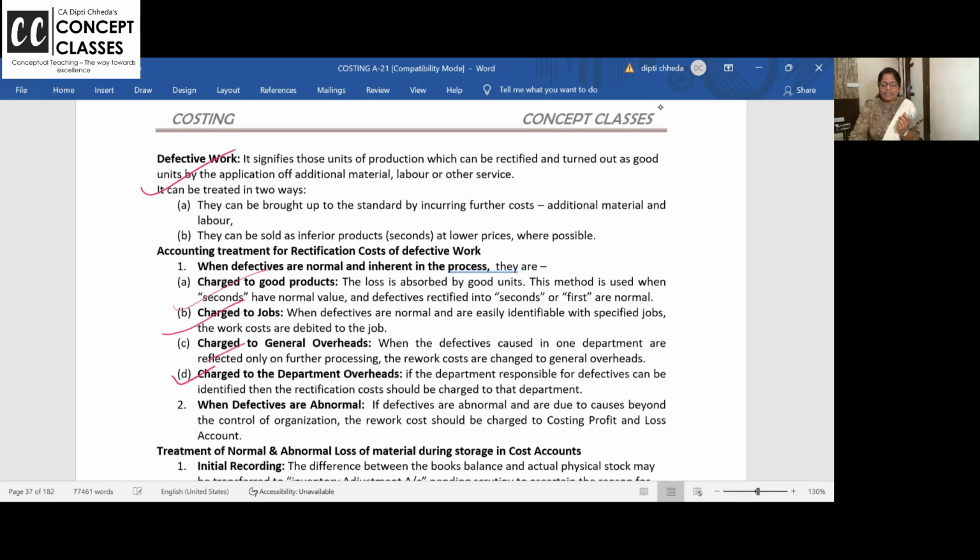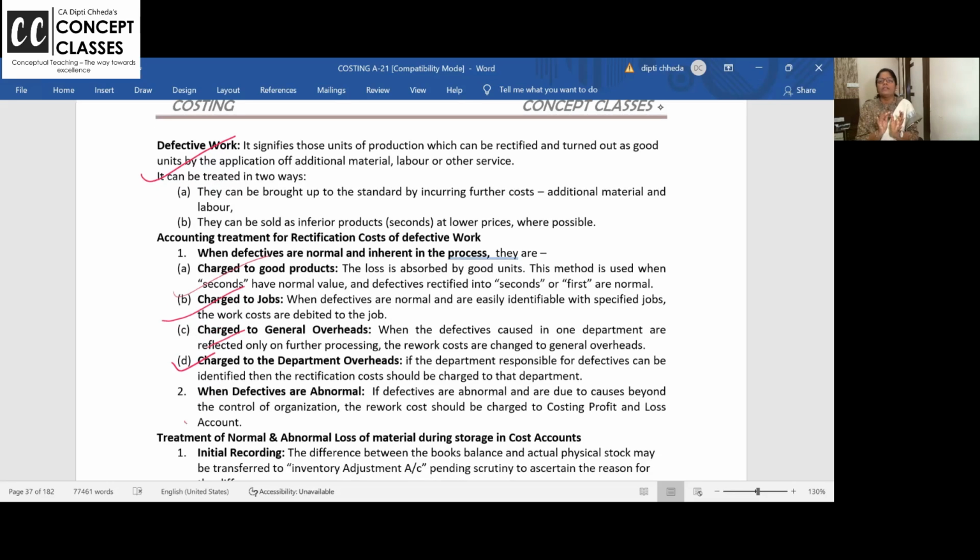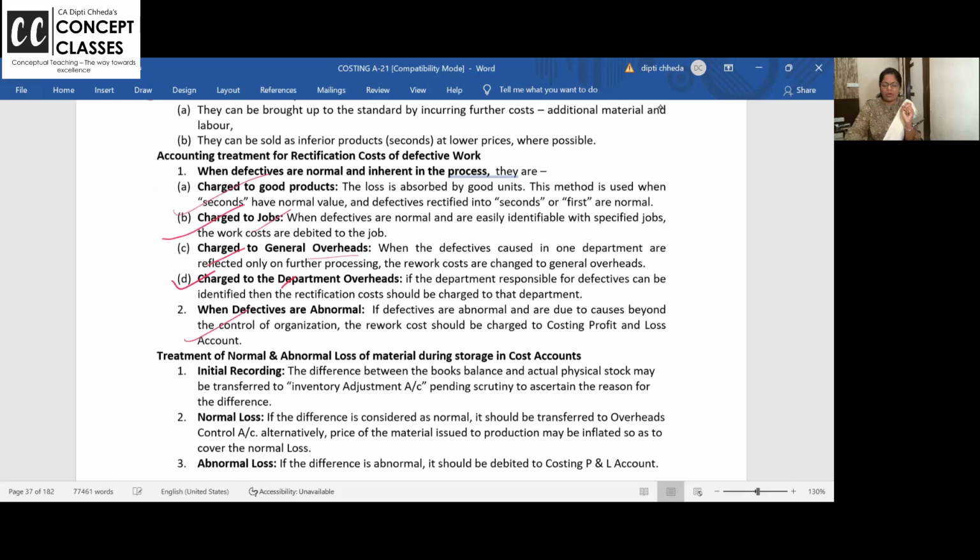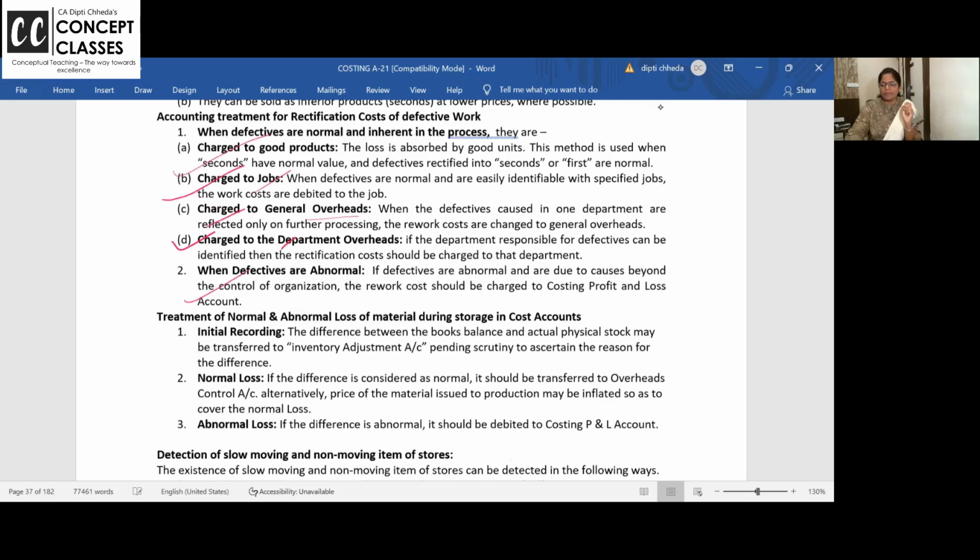And if that defective is abnormal, charge it to costing P&L. General answer for all material spoilage or defectives in your finished goods: if defectives are normal, charge them to good units. If the defective is because of some job, some department, charge it to that. Otherwise, general overhead or costing P&L.